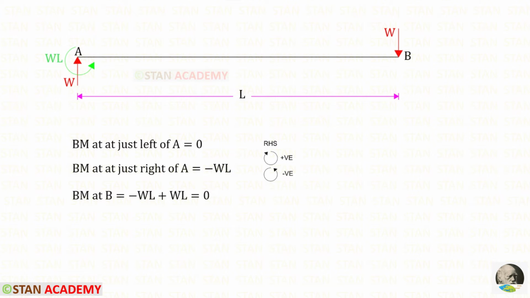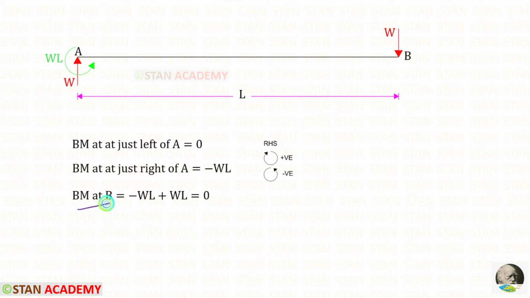Let us find the bending moment at B. Up to the point B, we have Ra and the moment Ma. For this load, there is no distance, so we should not consider this. Ma is acting in the anti-clockwise direction, so it will be negative. Ra is acting in the clockwise direction, so it will be positive, and the distance is L. W into L, it will be WL.